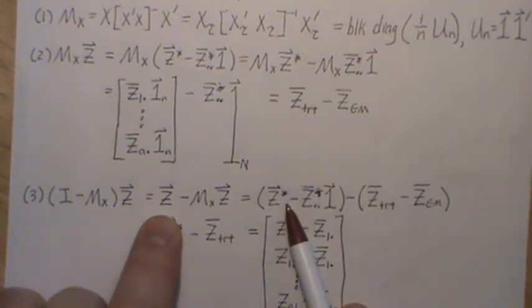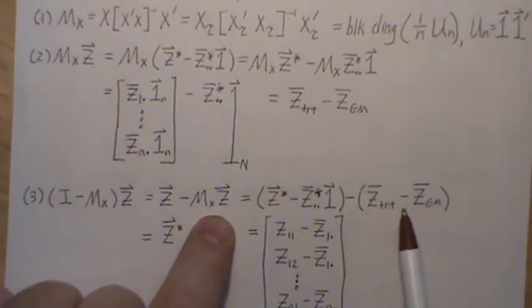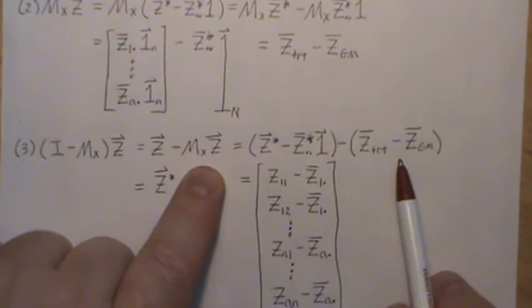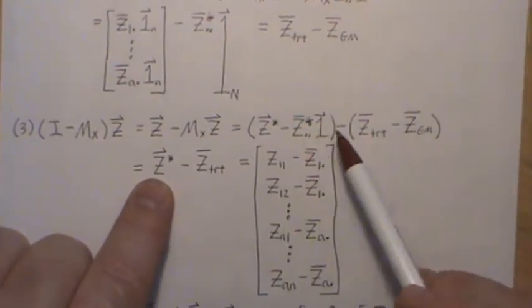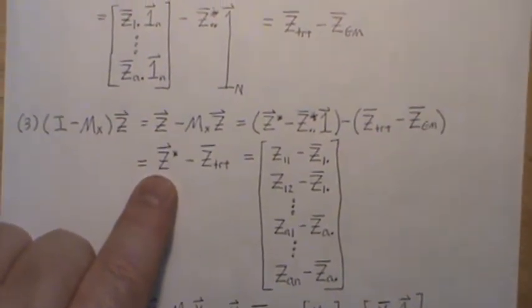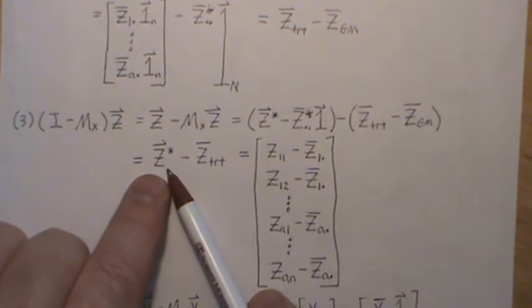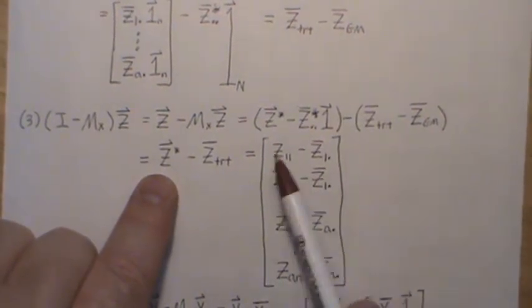It's a vector of the Z's minus the mean, so it's a centered vector, and this we just discovered. Now, this and this are the same, so they cancel. Minus a minus creates a plus, so they cancel. And so we're left with Z star minus the treatment mean vector.